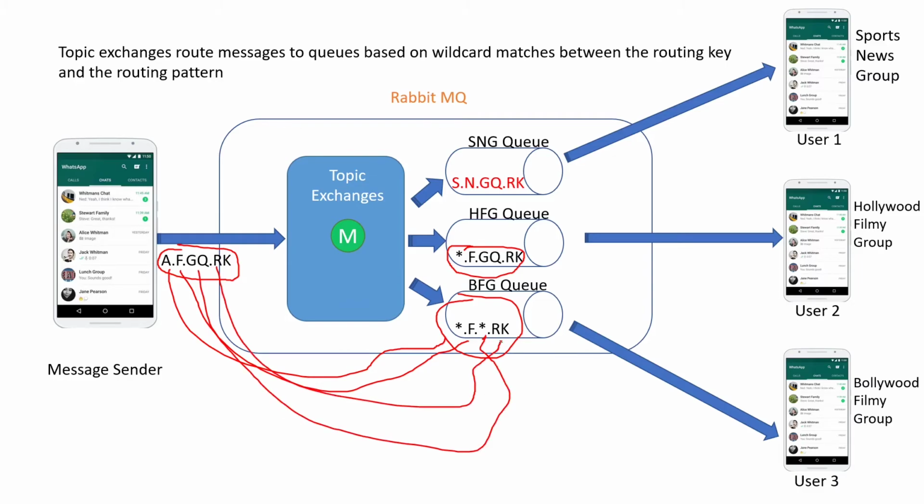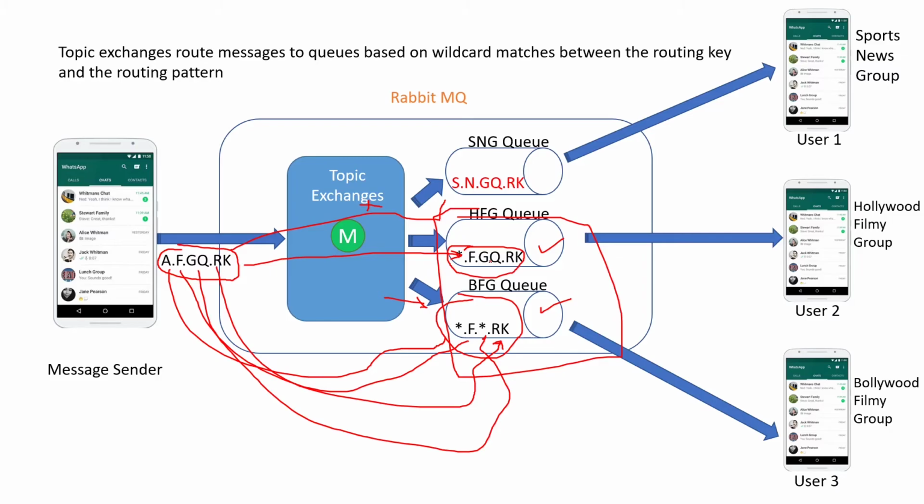RK matches with RK, it is fine. So when you send a message, it will be sent here. In the same way, it will match this pattern. If the pattern is matched, it will be sent here. So these two queues will receive a message, and as this doesn't match with this, it won't be sent. So only these two will receive the message, which is user 2 and user 3.